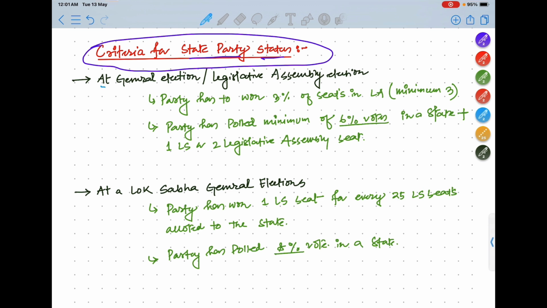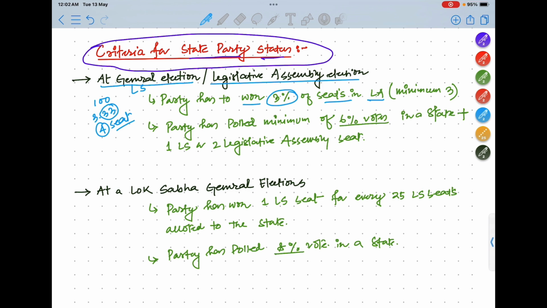Number one, at general elections, here it is saying Lok Sabha elections and legislative assembly elections, the party has to win 3% of seats in the legislative assembly. If there are 100 seats, a party has to win 3.33 seats, but 0.33 cannot be a seat, so it will be 4 seats.